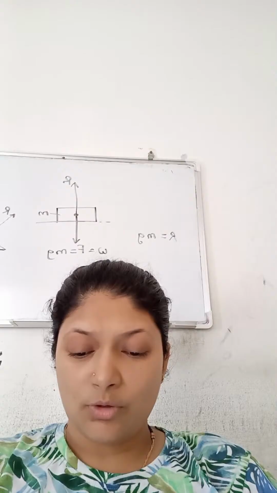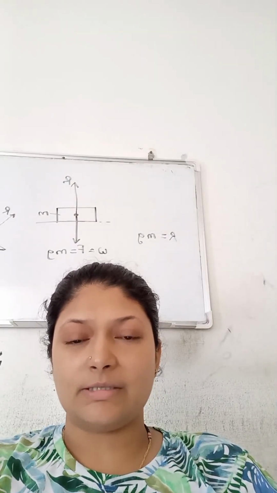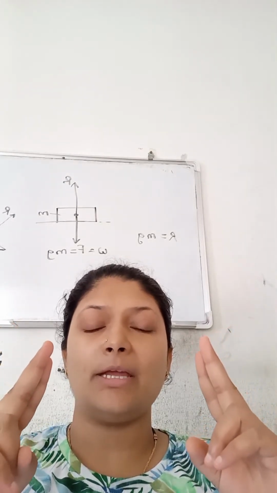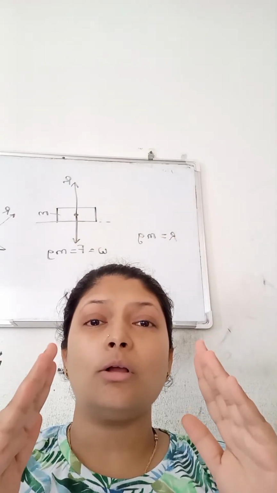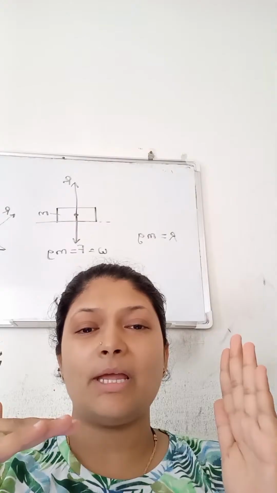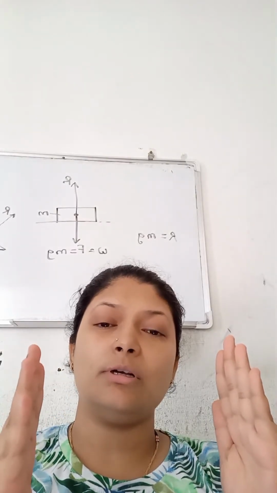If you observe figure 11.4, in the first case, two children are applying force on the wooden block in the opposite direction. One is applying a force on the right side, another is applying a force on the left side.